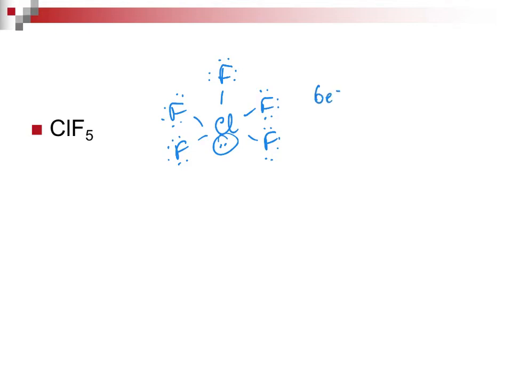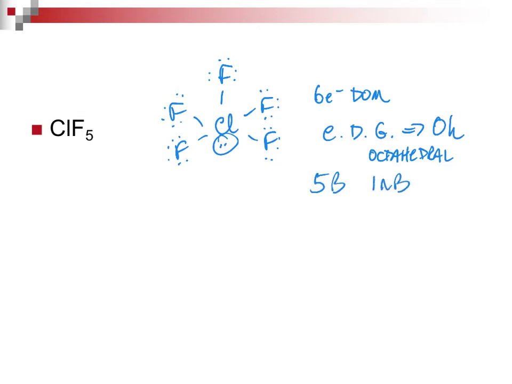So this is 6 electron domains, and so its electron domain geometry is going to be octahedral. We abbreviate that as OH, and we have 5 bonding, 1 non-bonding. So our molecular geometry is going to get the name.